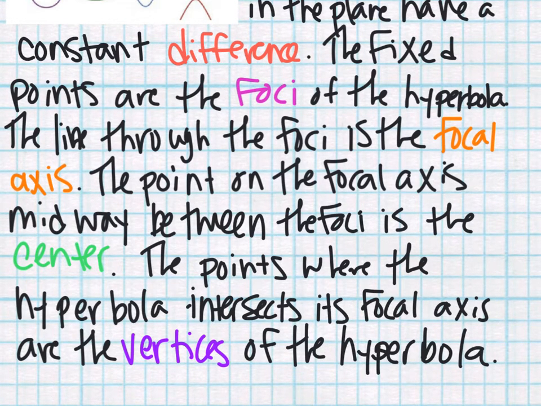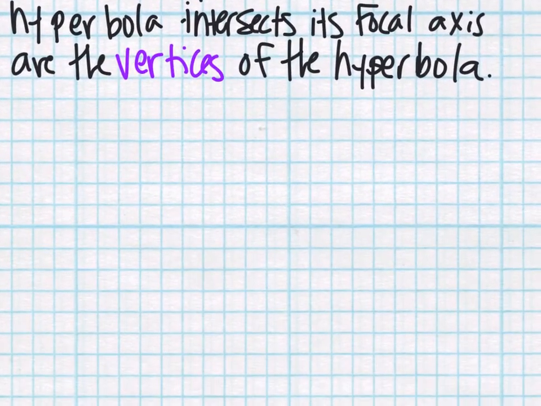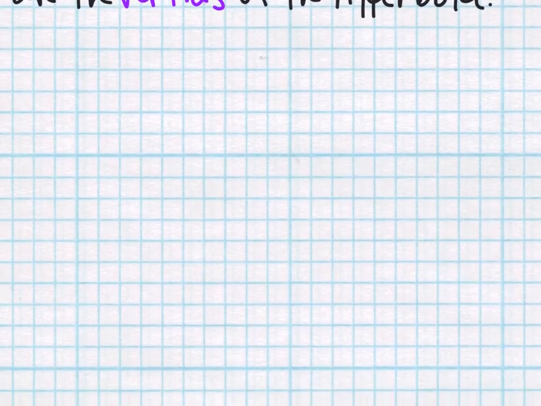So these are our key points, key parts of a hyperbola, key characteristics. So we should be able to identify each of these. And if you notice, they are very similar to the ones that we've talked about for every other conic section. So let's see if we can draw a diagram with each of these things on here.